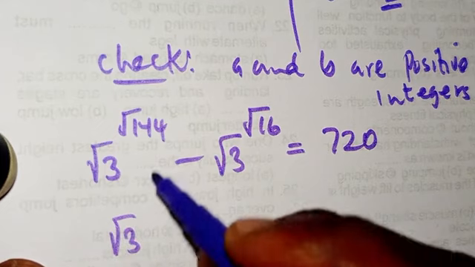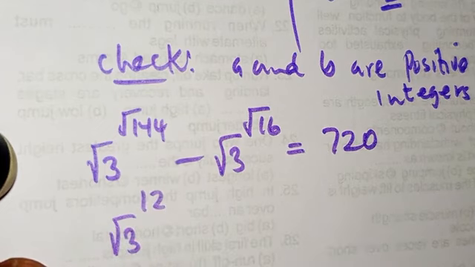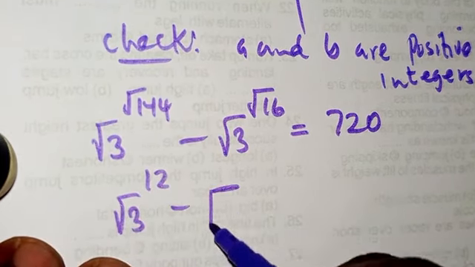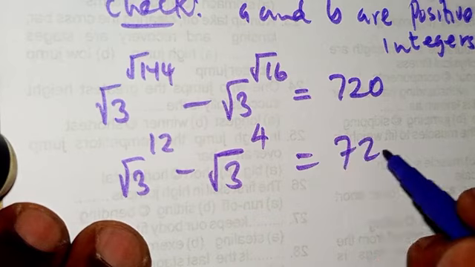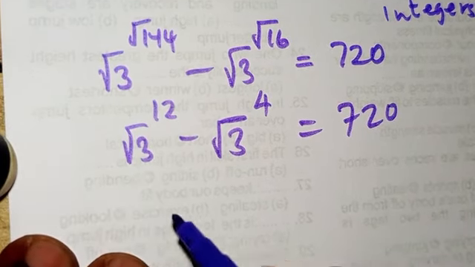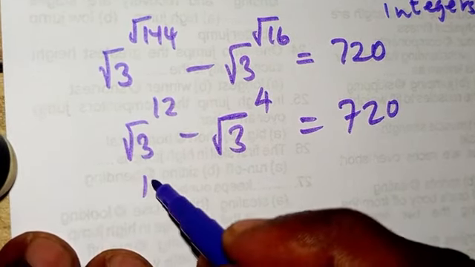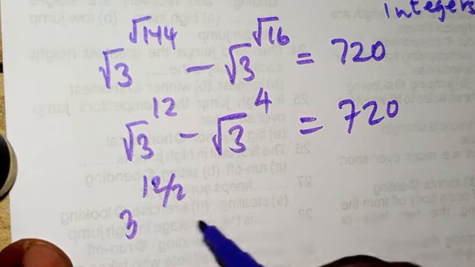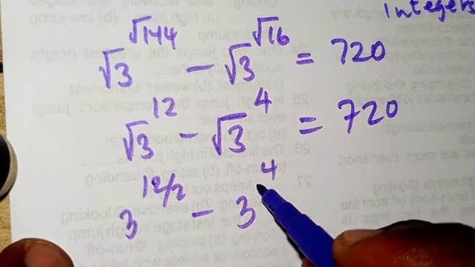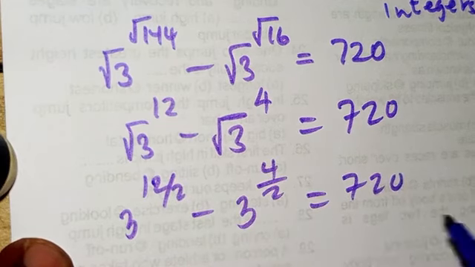So root 3 raised to power 12 minus root 3 raised to power 4 equals 720. Okay, so now from here, we can write this as 3 to power 12 over 2 minus 3 to power 4 over 2 equals 720.